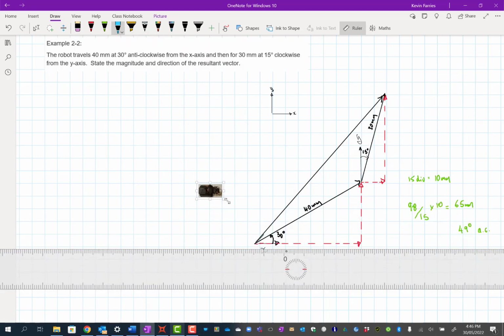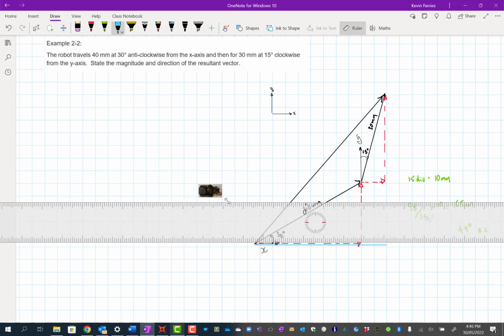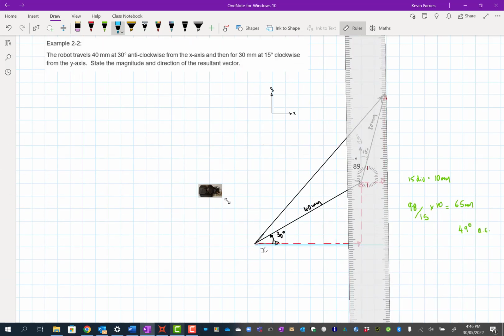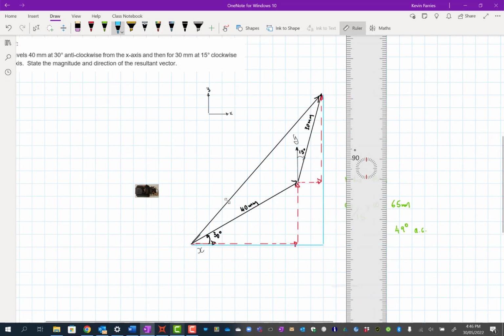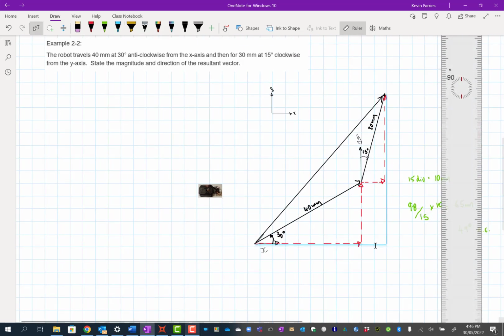So eventually, I'm just going to draw these off to the side a little bit, but eventually we're going to calculate the x and y components of the resultant vector. Like so. And once we've got that, we'll be able to calculate the resultant vector, because that's now a right angled triangle with that vector as the hypotenuse. So we'll come back to that in a minute.